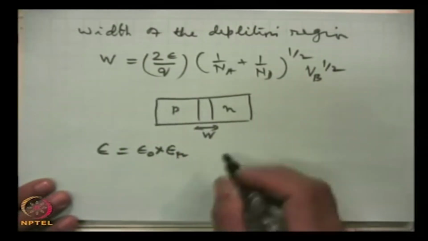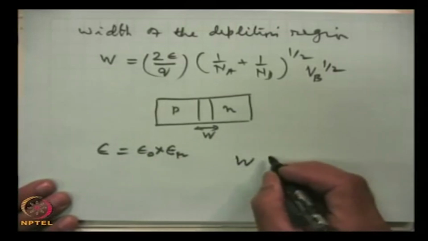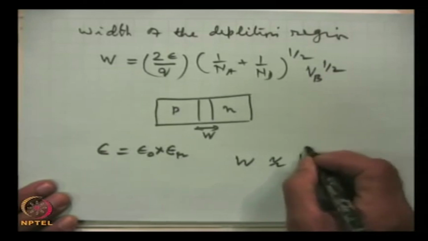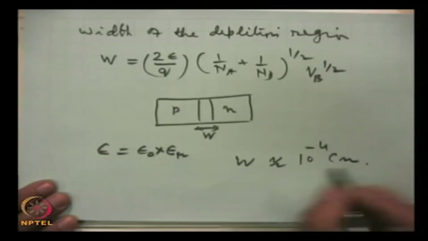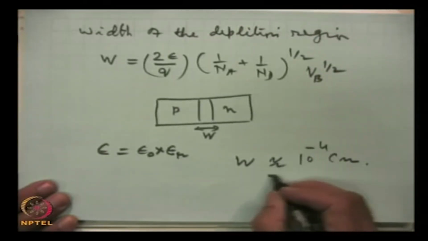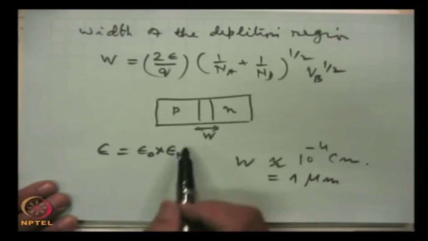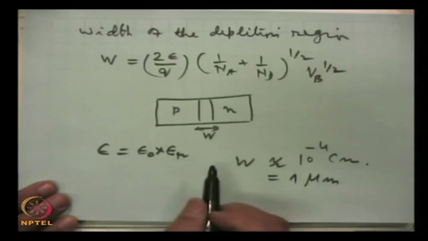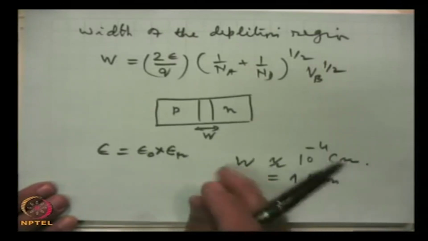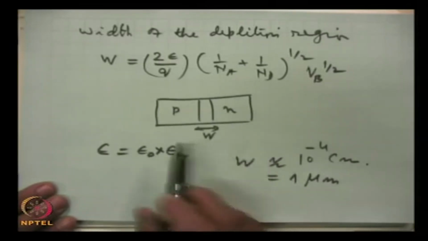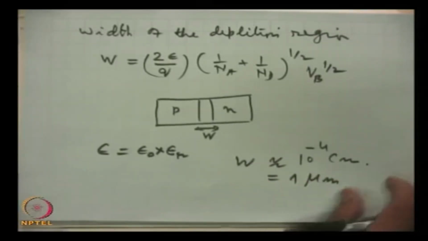W is of the order of 10 to the power minus 4 centimeter, which is 1 micrometer. This is the order of the depletion width. Now, depletion width also becomes a function of applied voltage, which we will soon see.